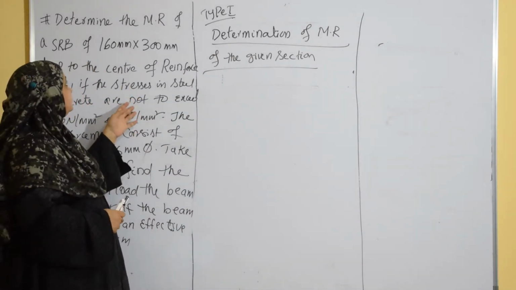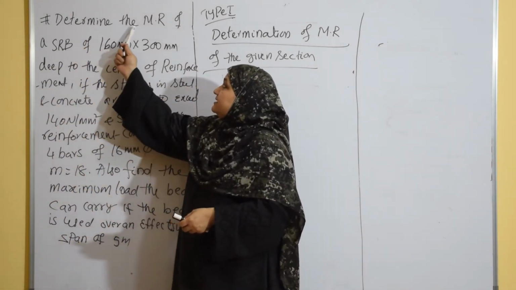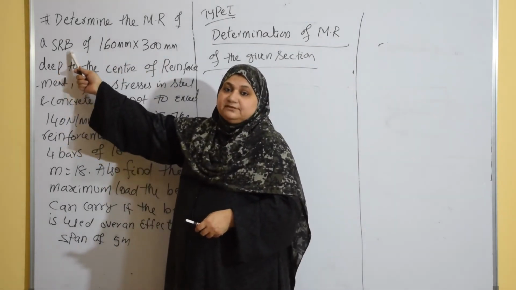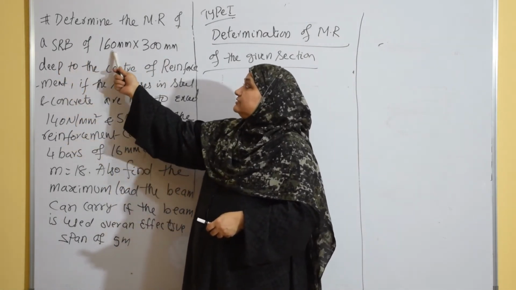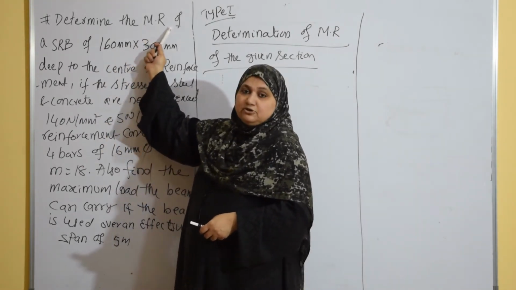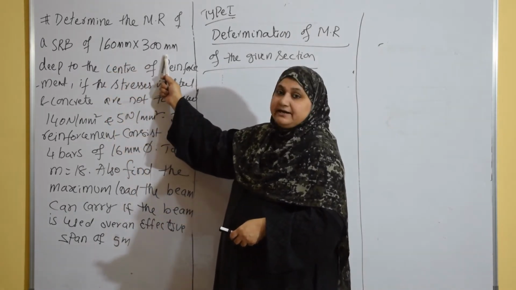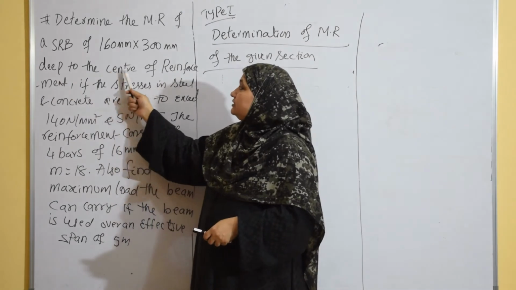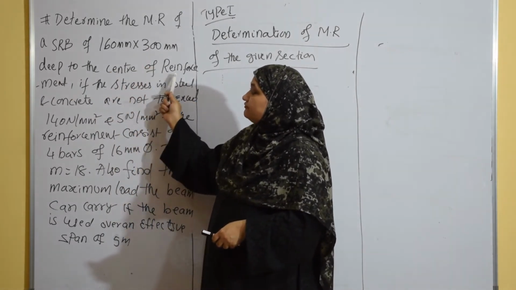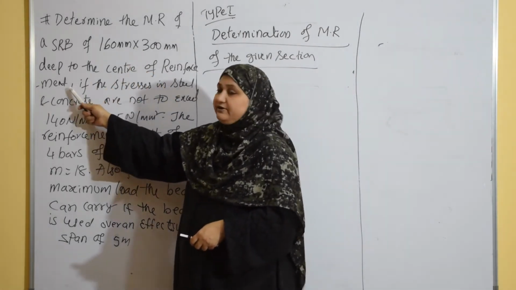So I have written a question here. Determine the moment of resistance of a singly reinforced beam of the given size. So the section size is given here. We have to determine the moment of resistance. 160 mm by 300 mm deep to the center of reinforcement. The depth is up to the center of reinforcement. The depth is not the overall depth, it is up to the center of reinforcement.